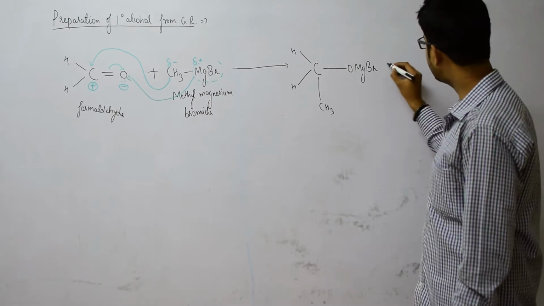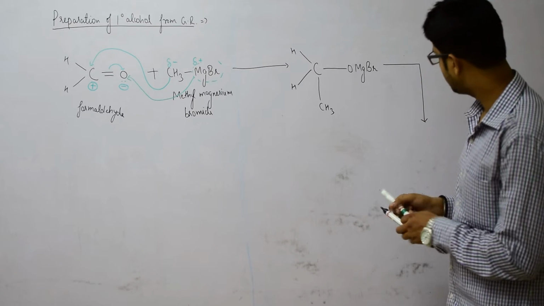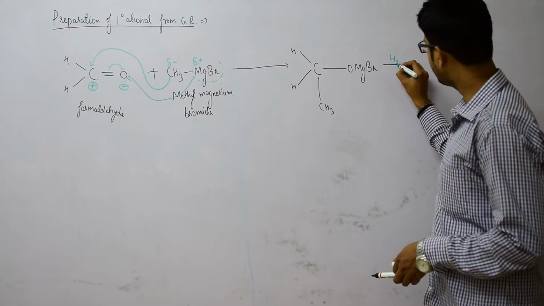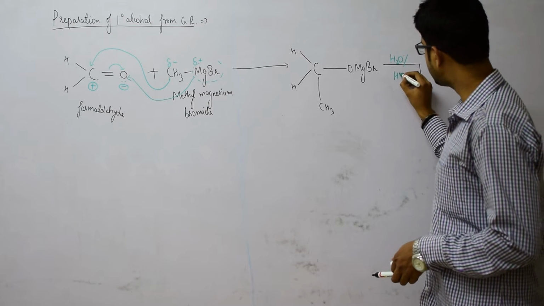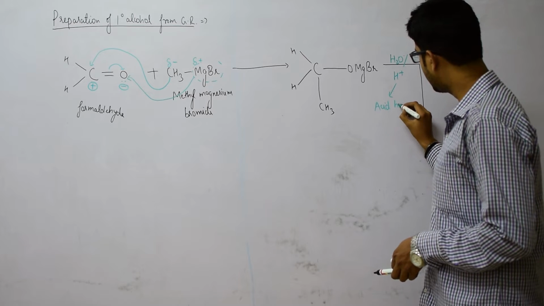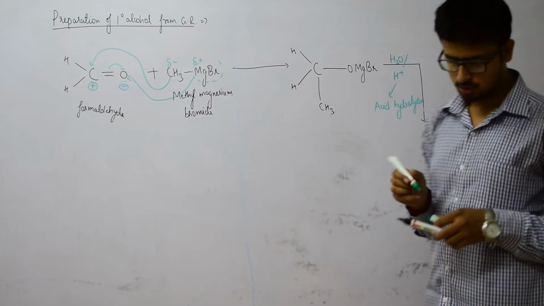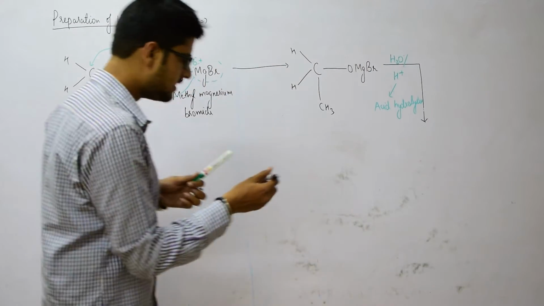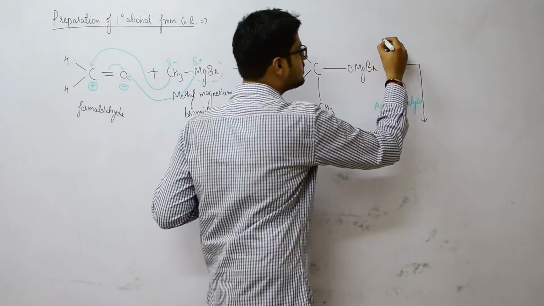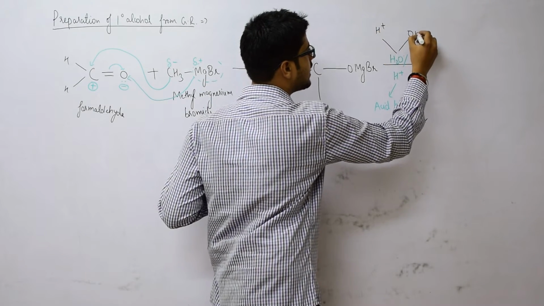Now finally we have to hydrolyze it, acid hydrolysis, H2O in the presence of H plus ion. When it is acid hydrolyzed, water dissociates into H plus and OH minus ion.